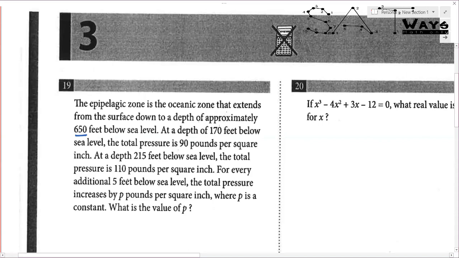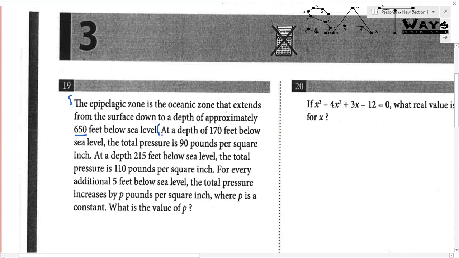All right. Till here, he's just saying a story. Like, he's saying the epipelagic zone is the oceanic zone that extends 650 below the sea level. From here, the question starts. At a depth of 170 feet below the sea level, the pressure is 90.